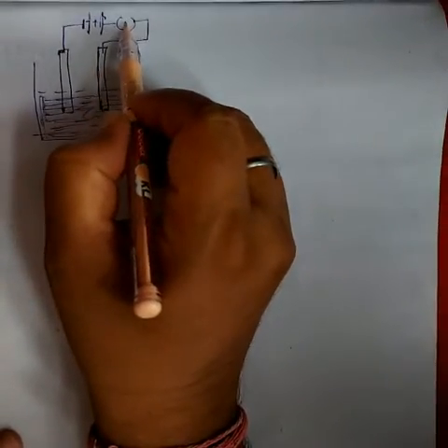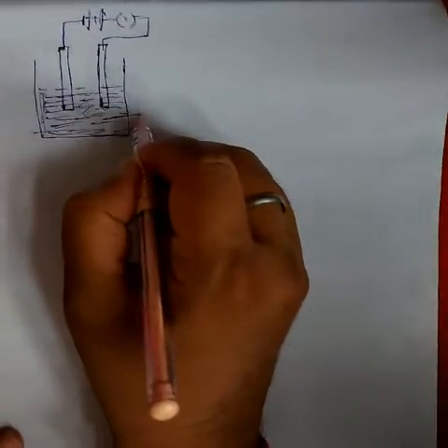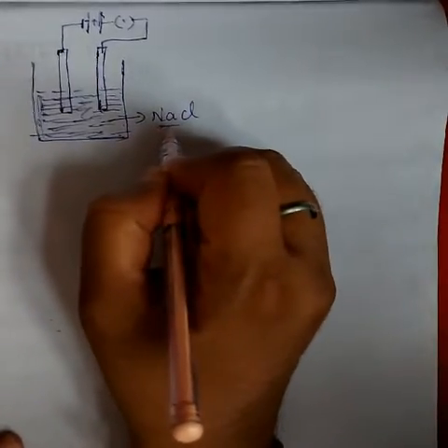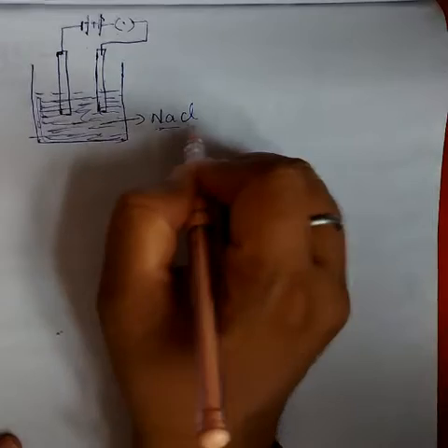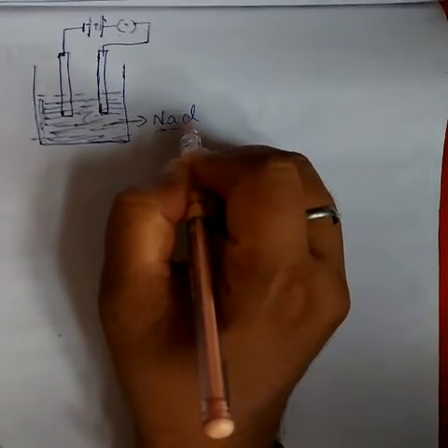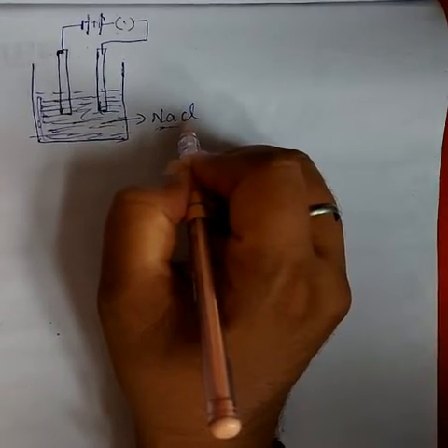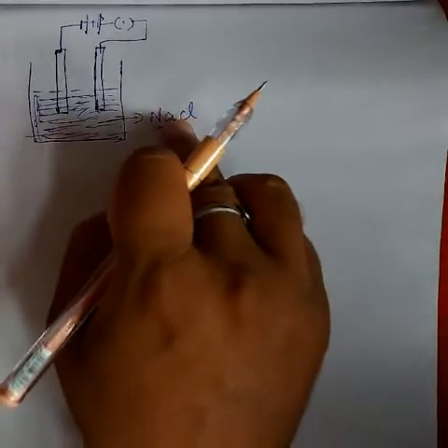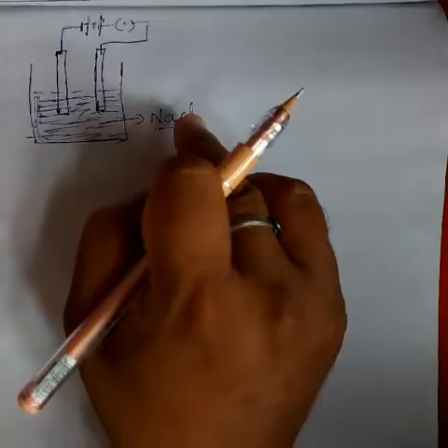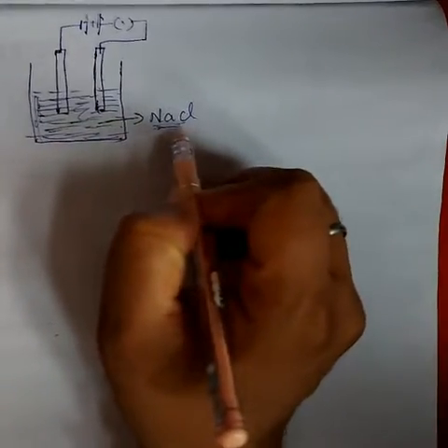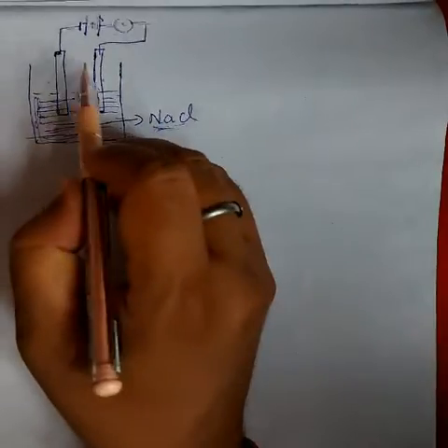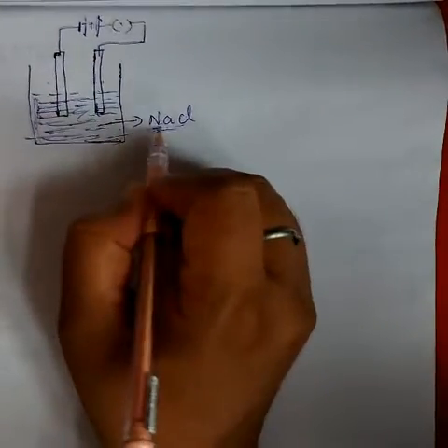When the plug key is on, say for example we take NaCl solution, because sodium is a highly reactive metal. We cannot easily separate it from chlorine, because the chemical bonding is strong and the force of attraction is more. So with the help of the electrolysis process we can easily separate it. This is a solution of NaCl.